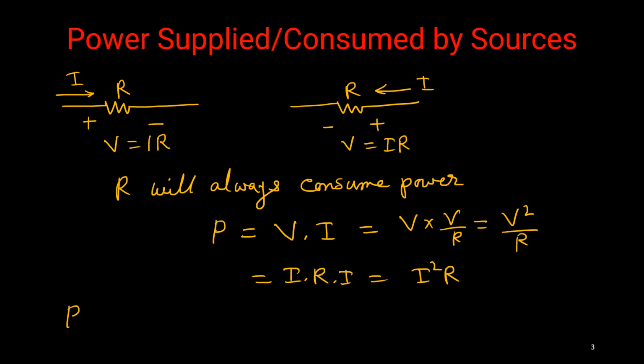So this power we can calculate, this is simply V times I, or I square R, or V square by R. So if both the quantities are known, voltage and current, we will go for this one. If any one quantity is known, suppose I is known, then I will go for I square R, otherwise I will go for V square upon R.